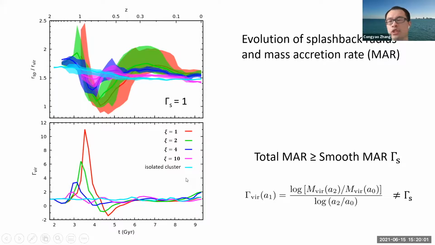And the evolution of the splashback radius depends on the evolution of the total mass accretion rate, which reflects the deepening of the gravitational potential. But later you'll see that the evolution of the shock radius is very different, which depends on the local smooth accretion rate. So that's why there could be a large offset between the shock radius and the splashback radius.